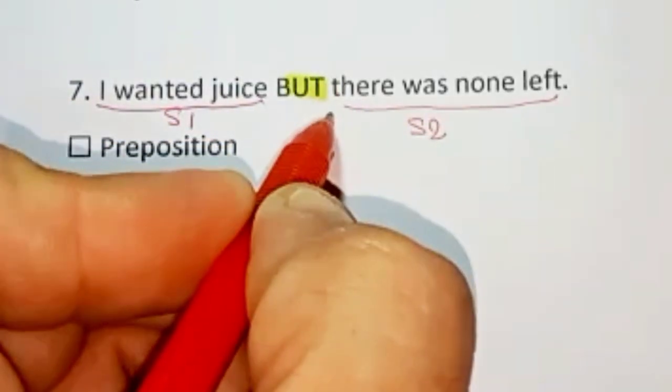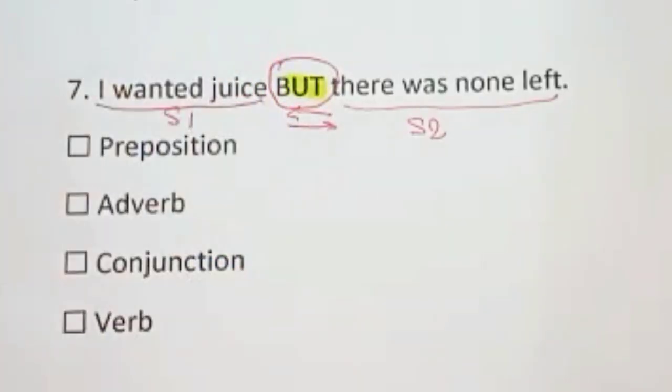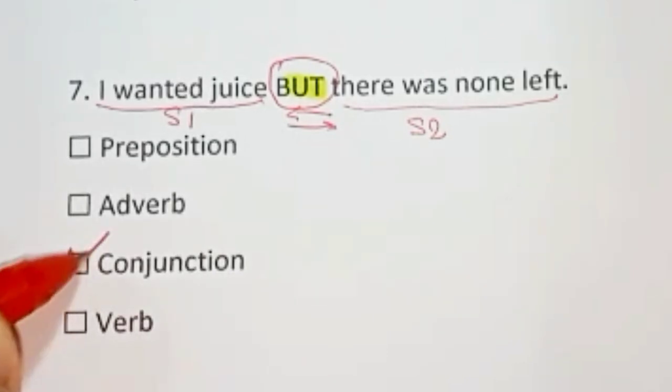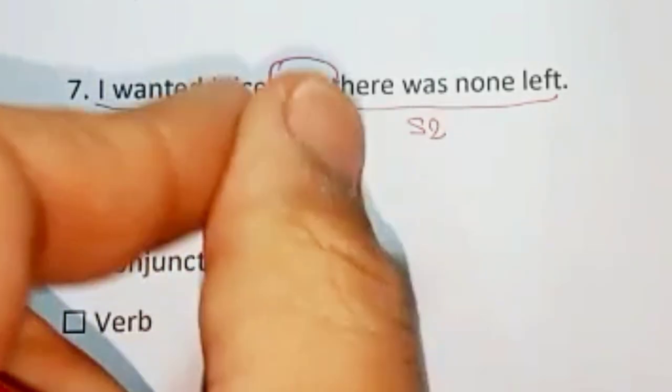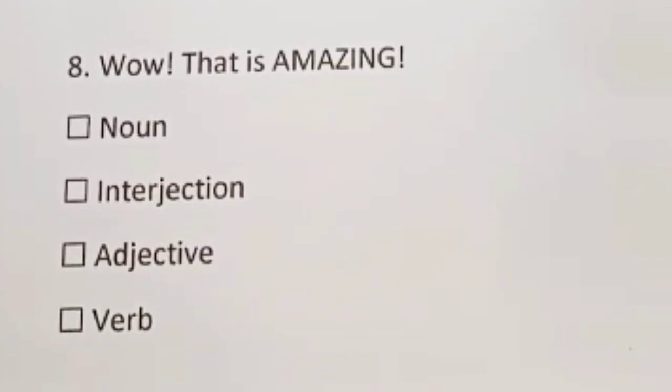Here we are connecting between the 2 sentences using the word but. So what is but? Is it preposition, adverb, conjunction, or a verb? You decide. And the right option is, well done. It's a conjunction. We are connecting, linking between 2 sentences.